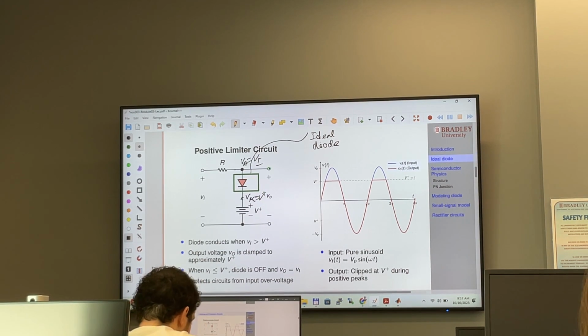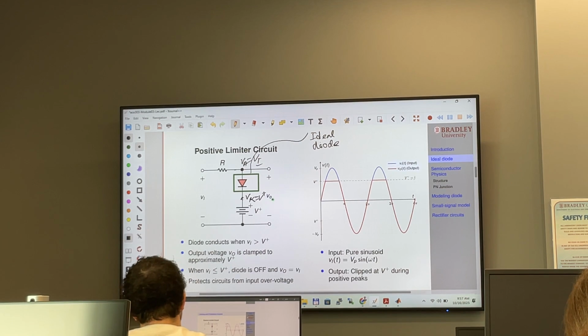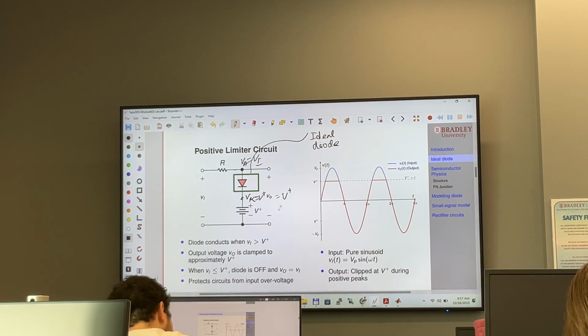And we take the output across these two terminals. So the output voltage V sub O is clamped to approximately V plus. So the maximum output voltage is going to be V plus.